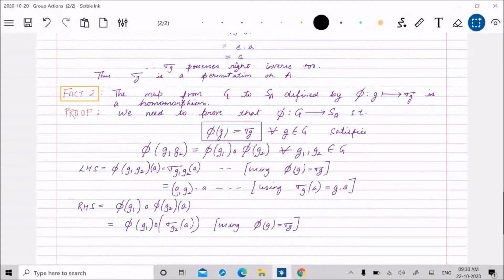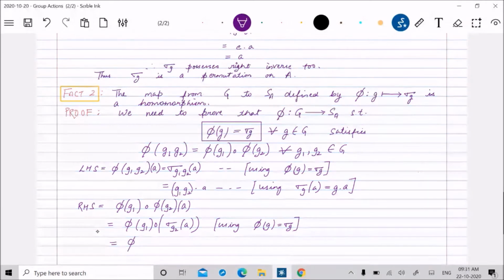And if now you use phi G2 of this, we should use function composition actually, phi G1 and sigma G2 A, right?